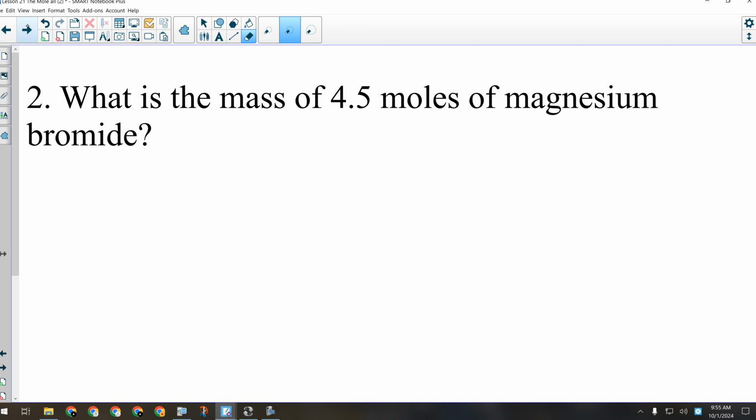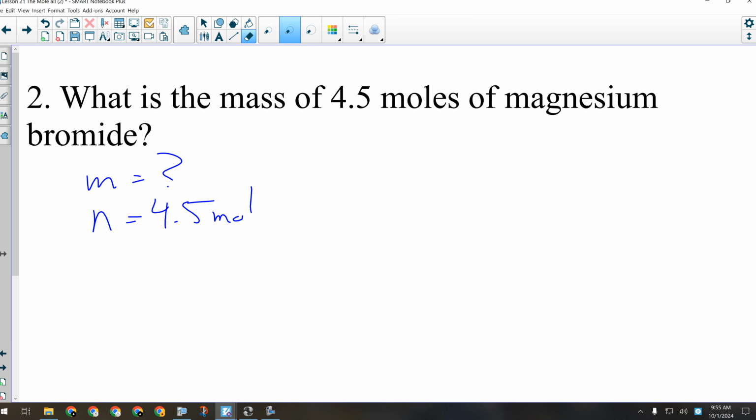For this one, we are going to write down our givens again. They're asking us to find the mass. So what are we looking for? Mass, which is small m, right? And they tell us 4.5 moles. That would be n, right? And they say it's magnesium bromide, but this time they put it in words. Does that make the question just a little bit harder? Yeah, because if you forget to drop and swap, you'll get it wrong.